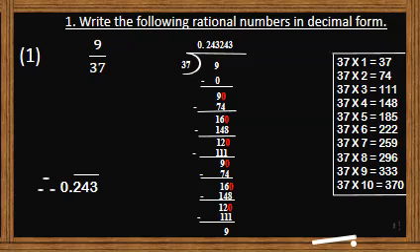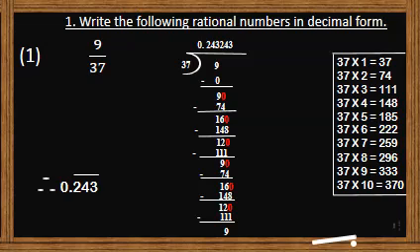So 160 doesn't come in the table of 37. The greater number is 185. We will not take the greater number, we will take the lesser one, 37 fours are 148. Now we subtract 160 minus 148 and get 12. After 12 we write 0, so the number becomes 120.